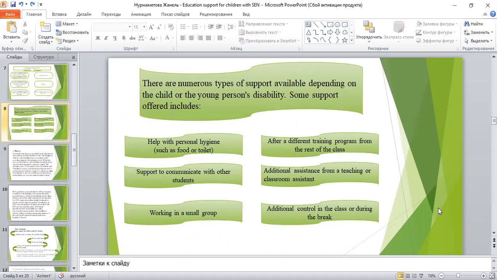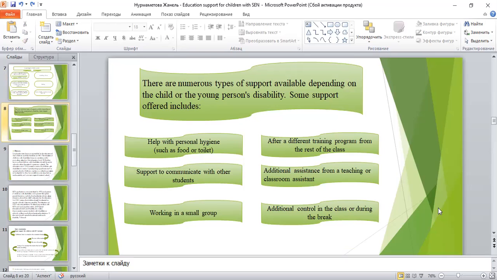Okay. What are the types of special educational needs? Now let's talk about the types. As you see here, there are numerous types of support available depending on the child or young person's disability. Some support offered includes, which one is first?